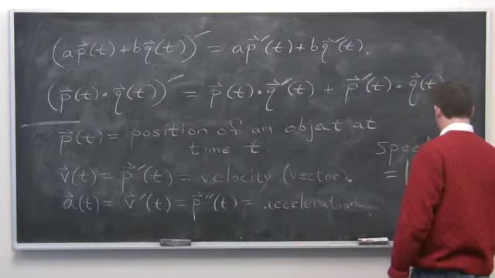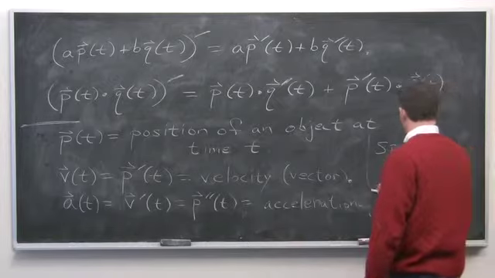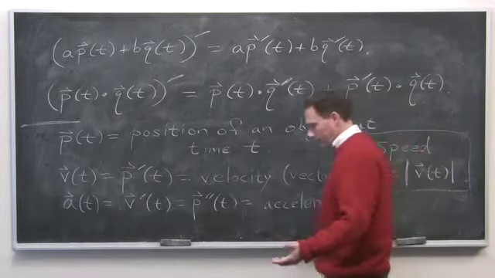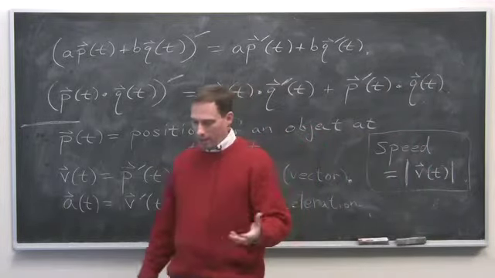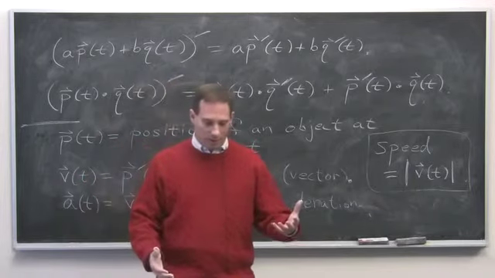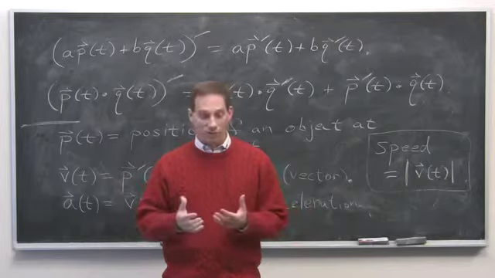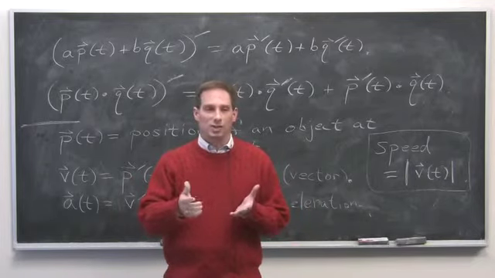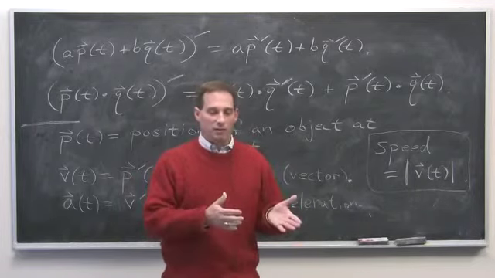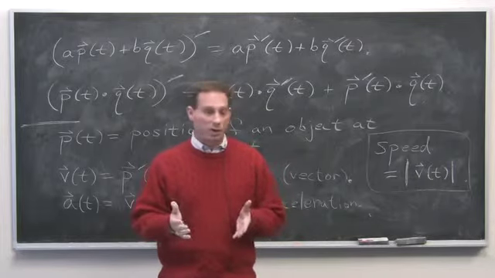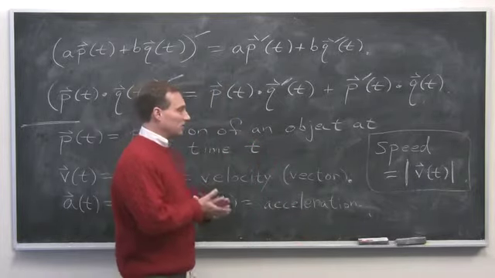This is what you expect: velocity has a direction and speed is just the magnitude of that. So for instance, when we had motion just in a line, velocity could be positive or negative, indicating which way you were going. But the speed was just the absolute value.